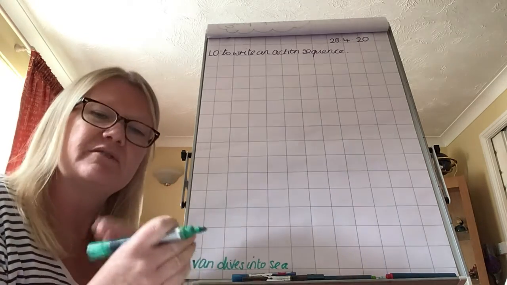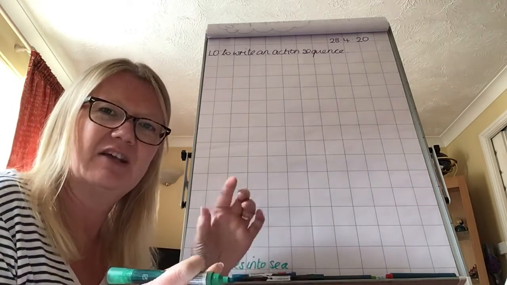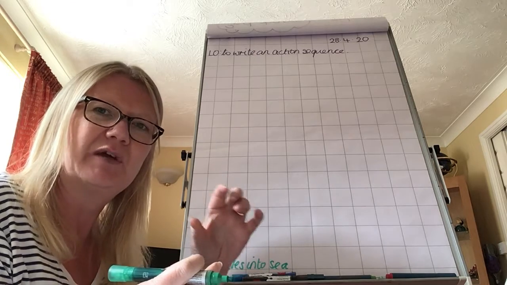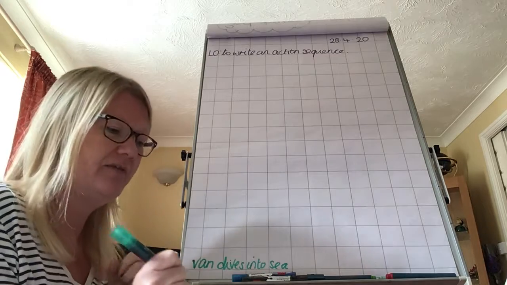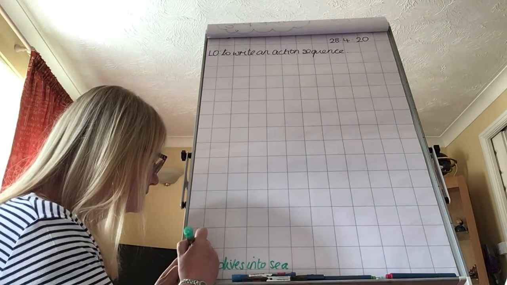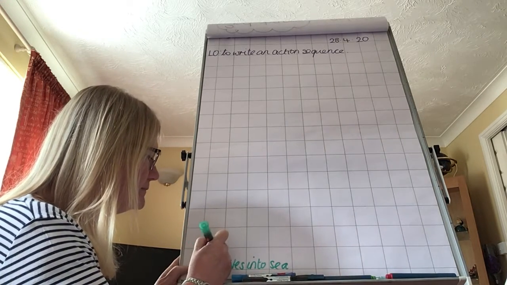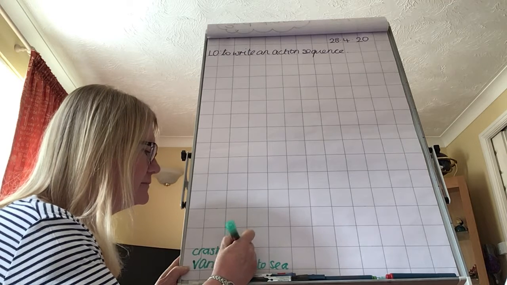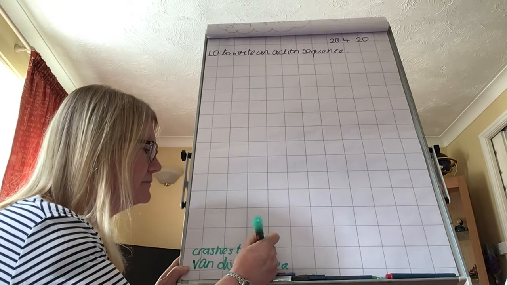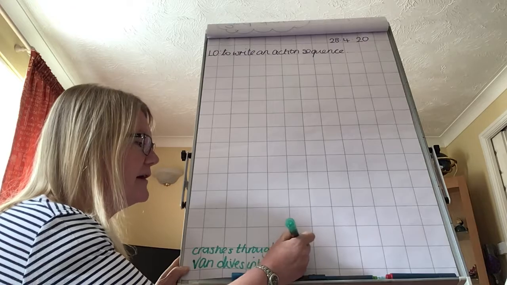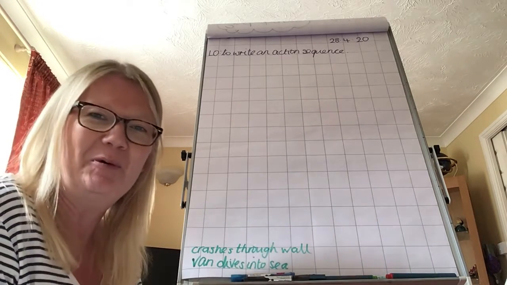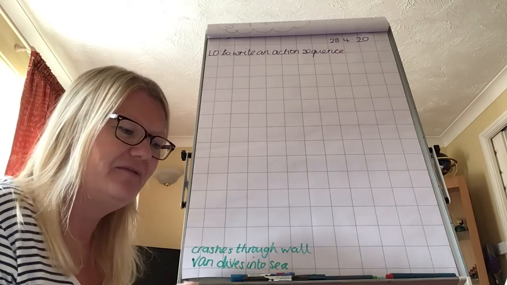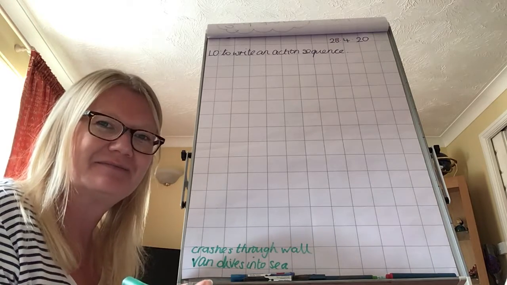So we're going to rewind the action from there and just build up 3 or 4 key things that get us to that point. So immediately before that, if I remember correctly, it crashes through the wall. Okay? Before that, can anybody remember? That's it.